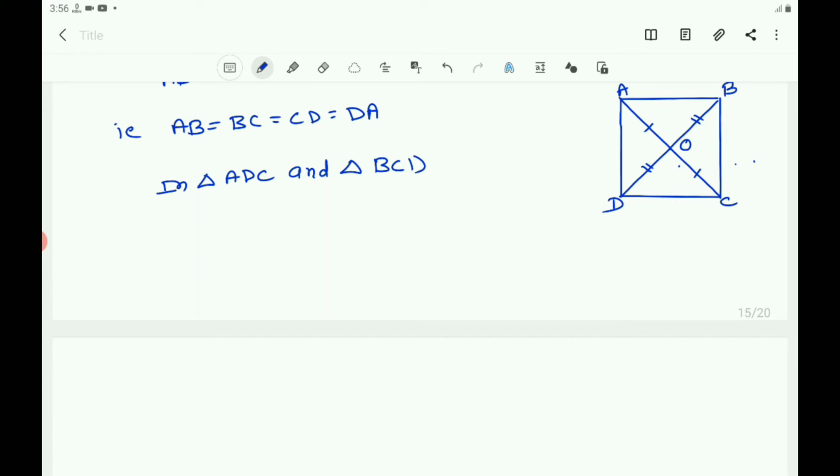You know that in triangle ADC and BCD, DC equals DC, a common side. And AD equals BC, proved.